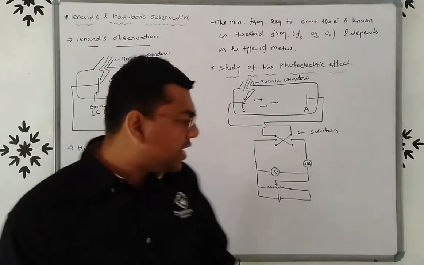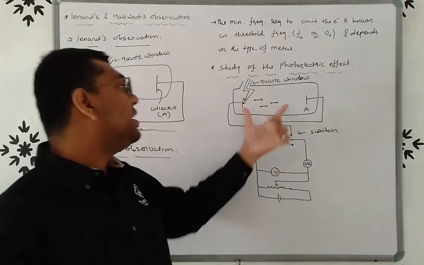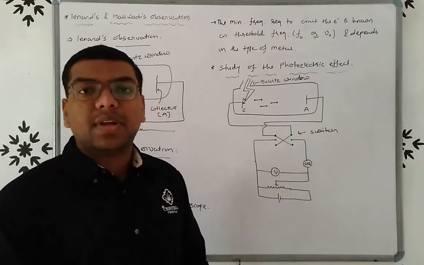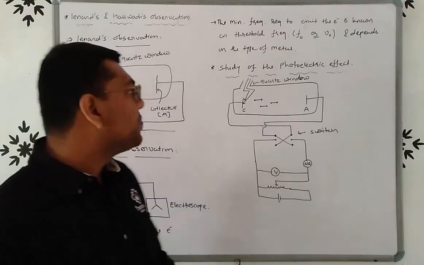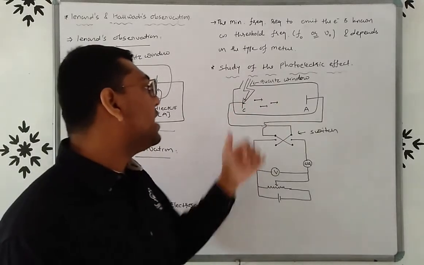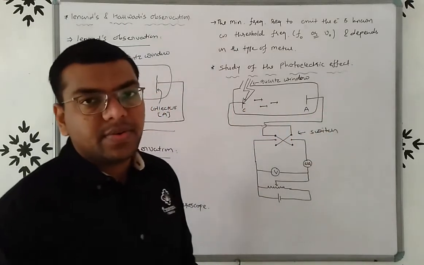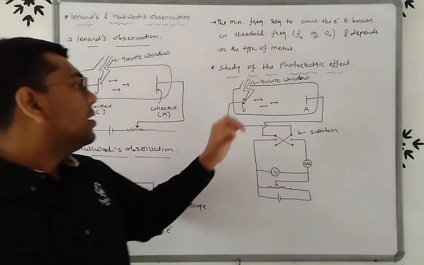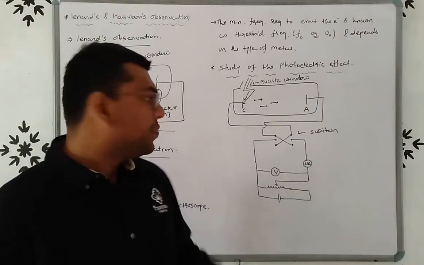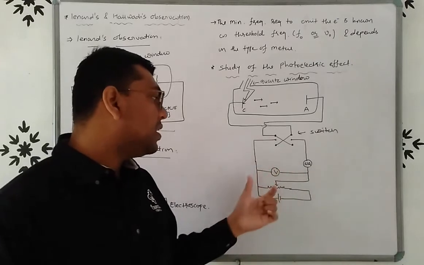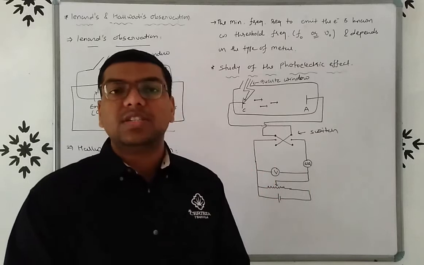Once again I repeat friends, as shown in the figure, the two metal electrodes are kept opposite in the evacuated tube, or you can say in free space. One electrode is known as the emitter, and the second electrode is known as the collector. These electrodes are connected to the commutator switch, micrometer, voltmeter. Here we apply the potential difference.